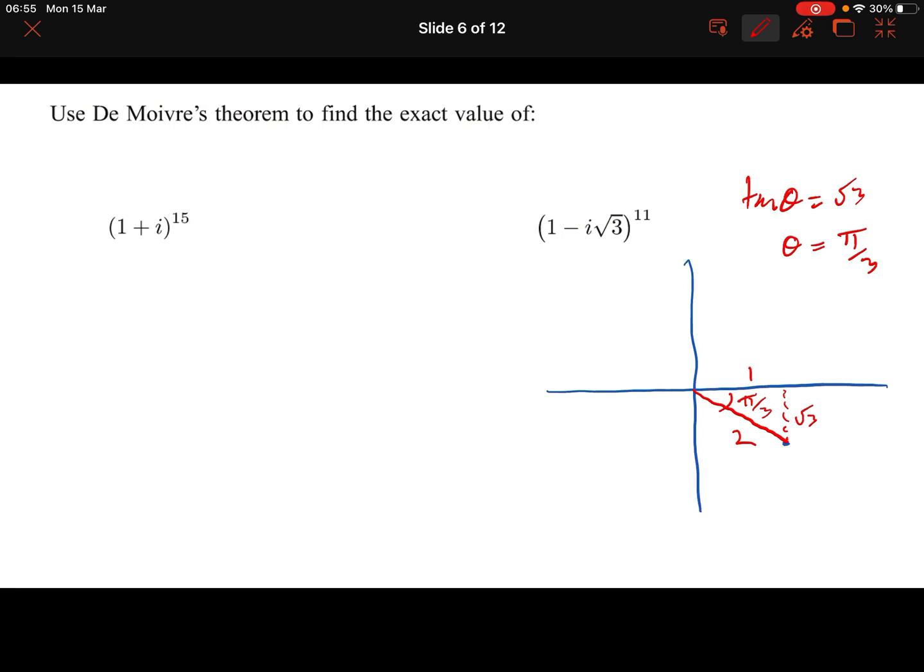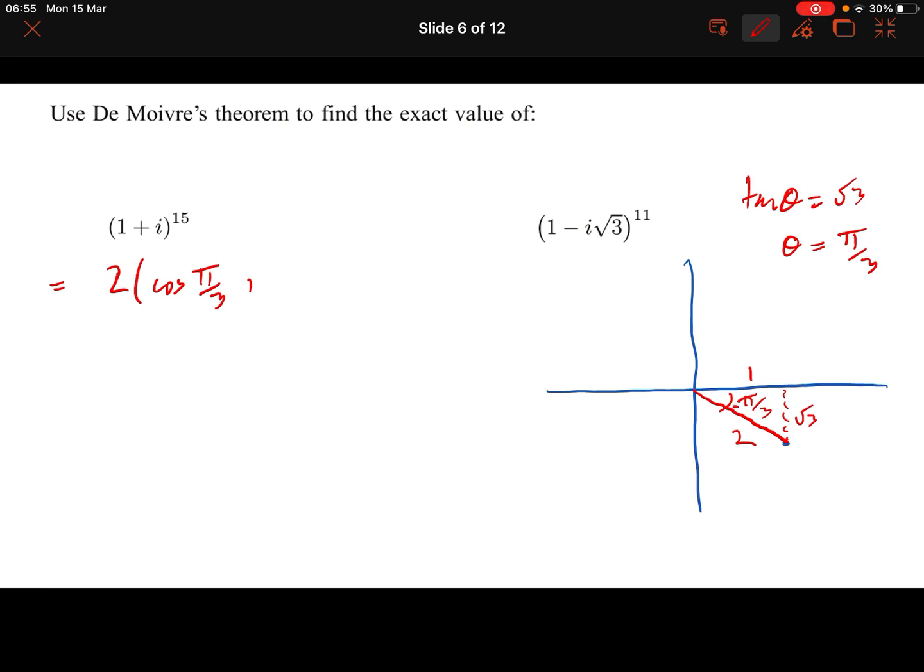So we're going to rewrite this complex number as the modulus, which is 2, cosine of pi over 3. Hang on, I'm being silly here. Let's look at it very carefully.